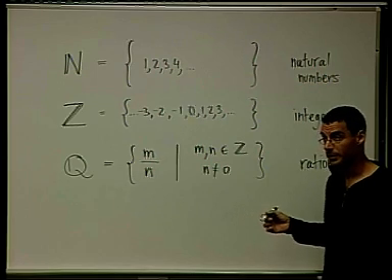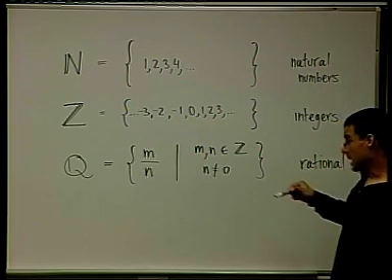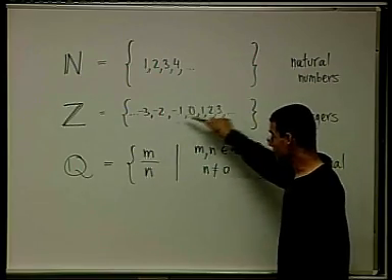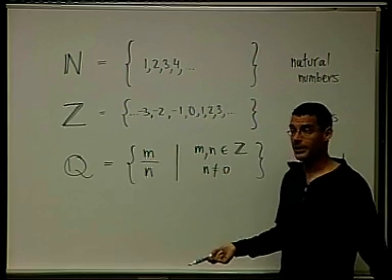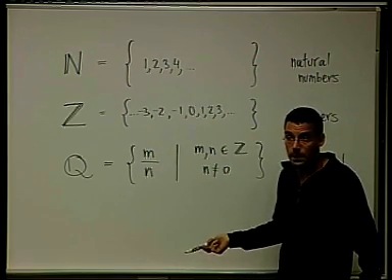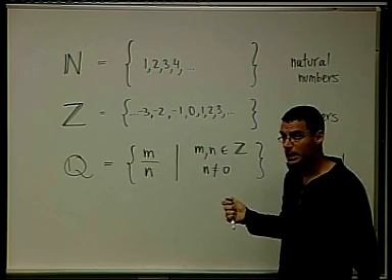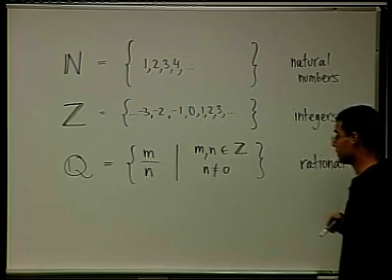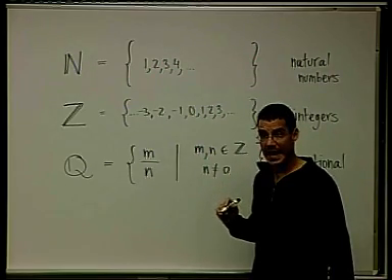It's not defined. Okay? So these are the rational numbers. And whereas here it didn't make sense, for example, to say what is 3 divided by 2, now it does make sense. Okay? So these are the rational numbers.